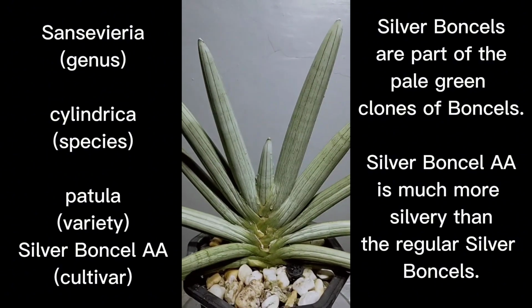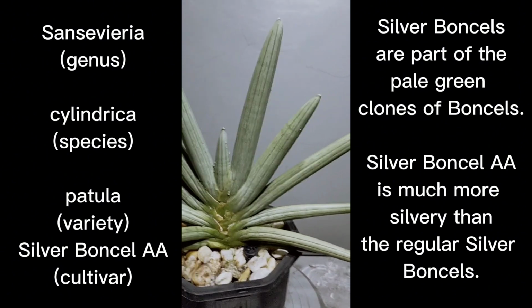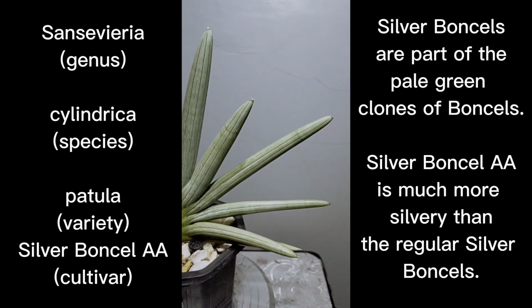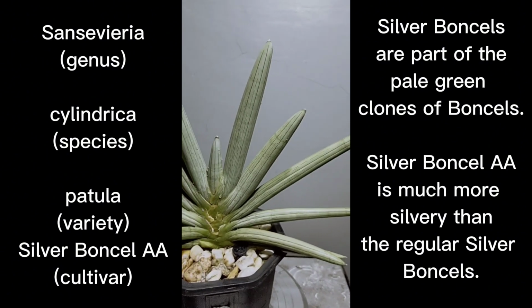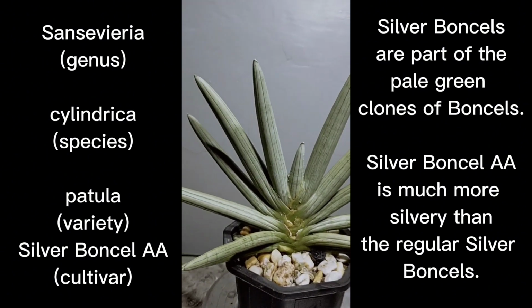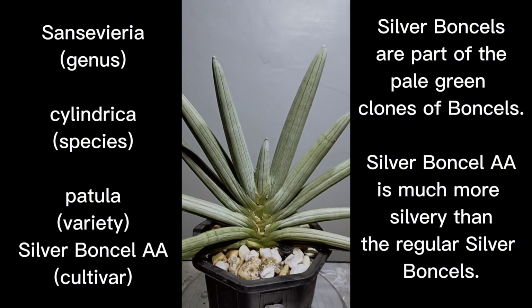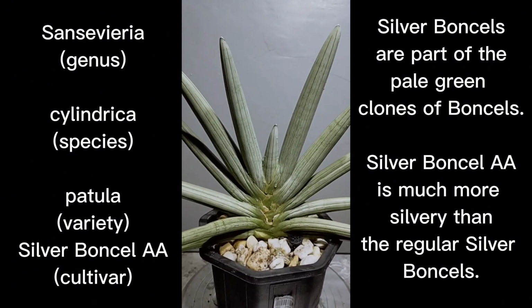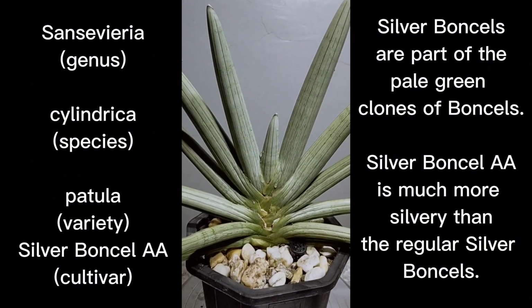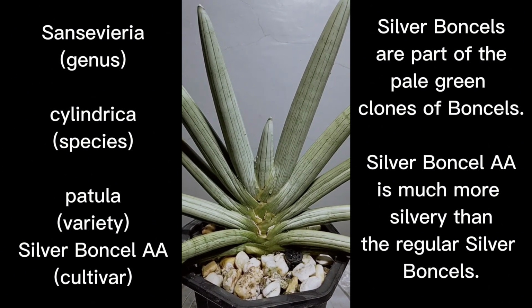This one, though, is not a hybrid. It is a mutation of a Boncel, and it came from a 1 in 1,000 chance of getting it from leaf propagation of cylindrica Boncels. So again, that is the origin for this Sansevieria Boncel mutation.